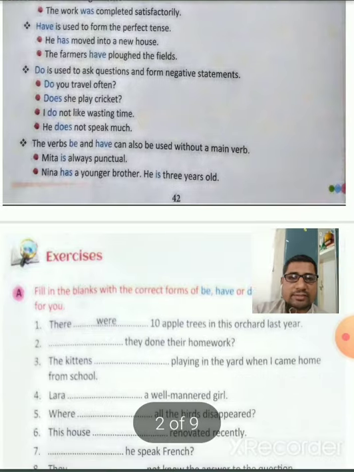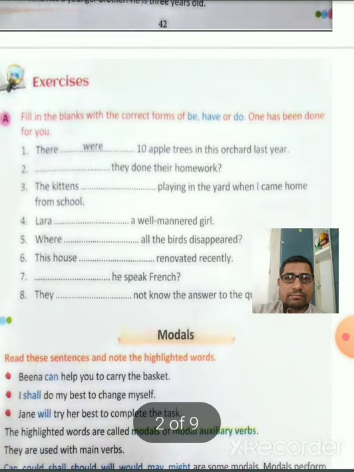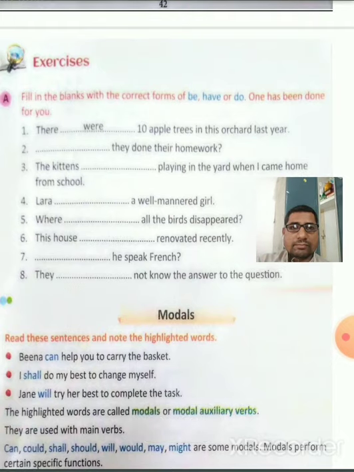Exercise. Fill in the blanks with the correct forms of be, have and do. One has been done for you.